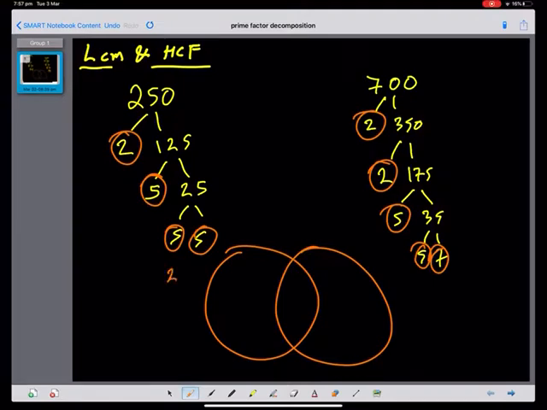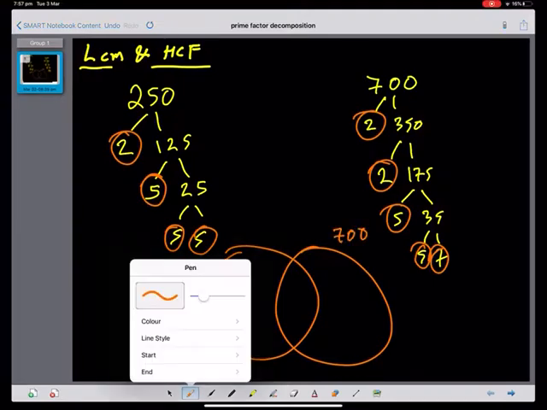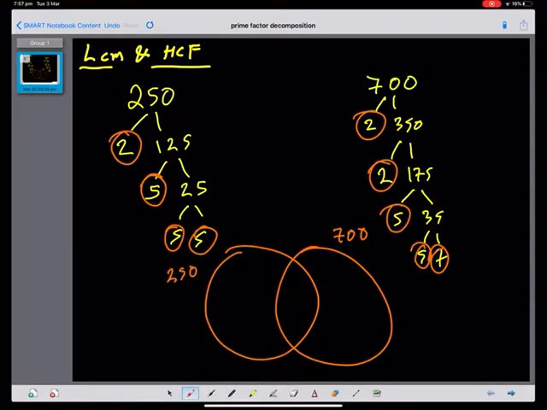Okay, so we've got 250 and we've got 700. So let's cross off the common ones. 2 is common. 5 is common. Another 5 is common.